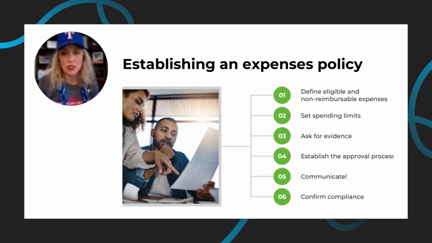Does it define what eligible and non-reimbursable expenses are? Does it make sure that employees know what they can and can't claim, what the restrictions are? Are they set out in advance so that no one can plead, well, I didn't know? That would be a bad place for those people to be.